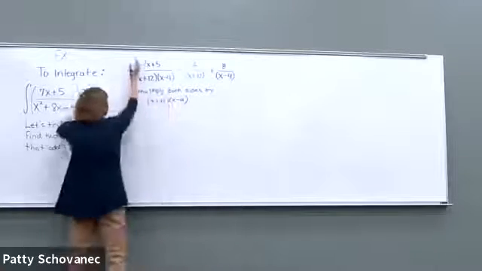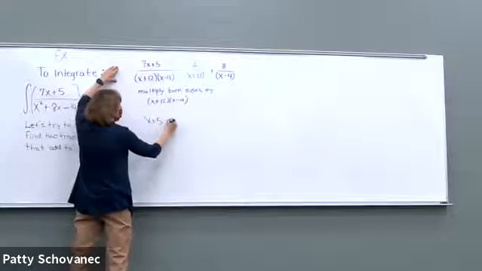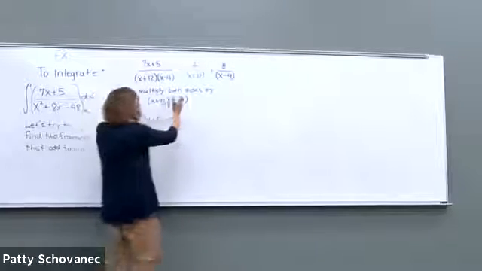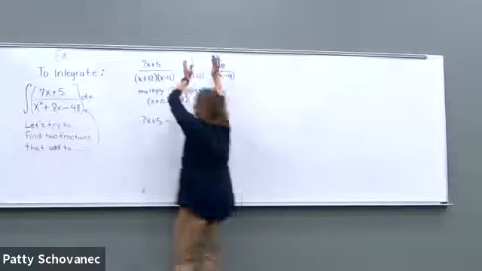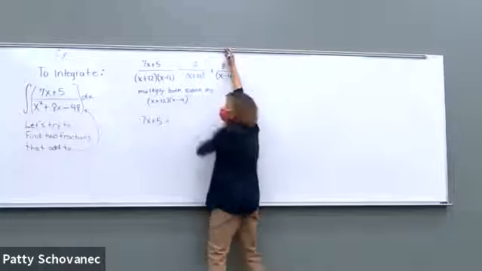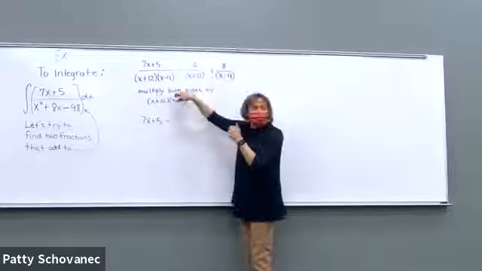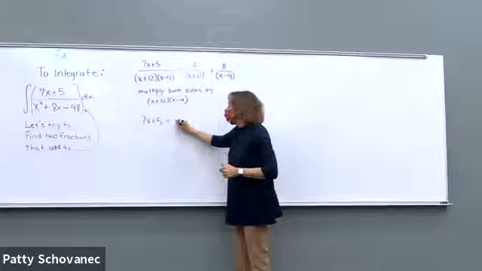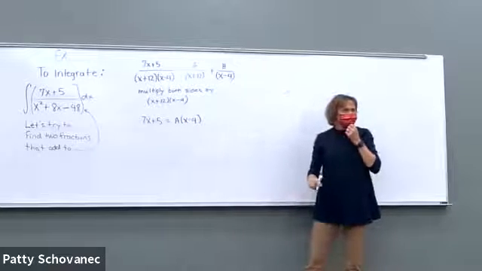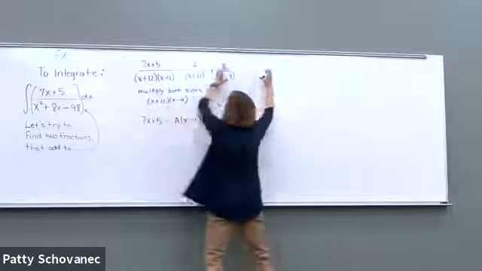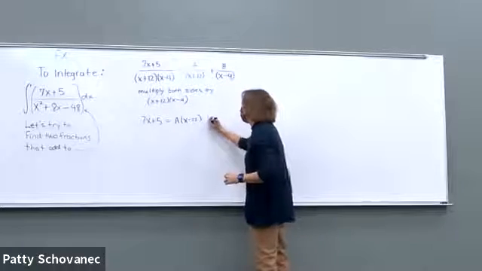So if I multiply this side by that, the denominators cancel, and I'm left with 7x plus 5. When I multiply this side by that, I distribute it to both fractions. So up here, the x plus 12s cancel, so I'm left with A times x minus 4. If I multiply here, the x minus 4s cancel, and I have B times x plus 12.